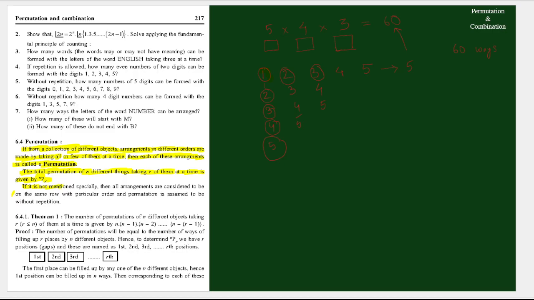If it is not mentioned specially, then all arrangements are considered to be in the same row with a particular order, and permutation is assumed to be without repetition. If it is with repetition, then it will be mentioned specifically.